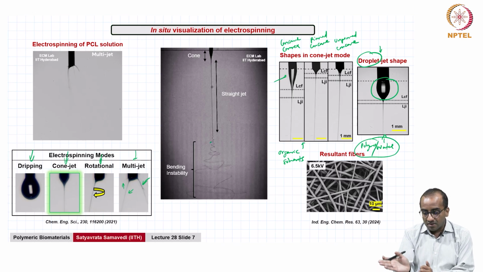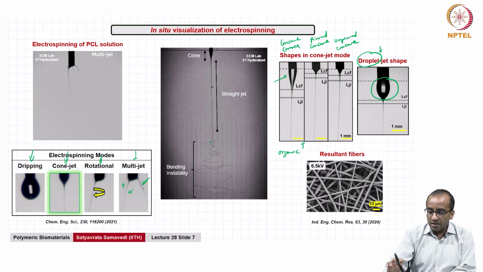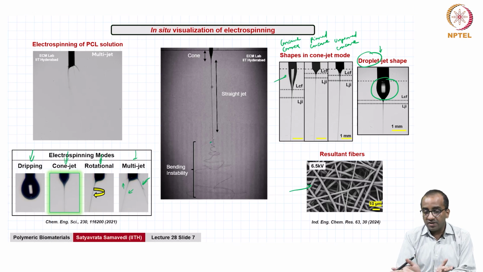You can still get stable fibers with these, except that because of the high surface tension of the water, you're going to have droplet like shapes. And what you will end up getting eventually at the end of this process is fibers that look like these, roughly about a micron to 2 microns in diameter, depending on what your operating conditions are. So again, just to summarize, this is all work from our lab.